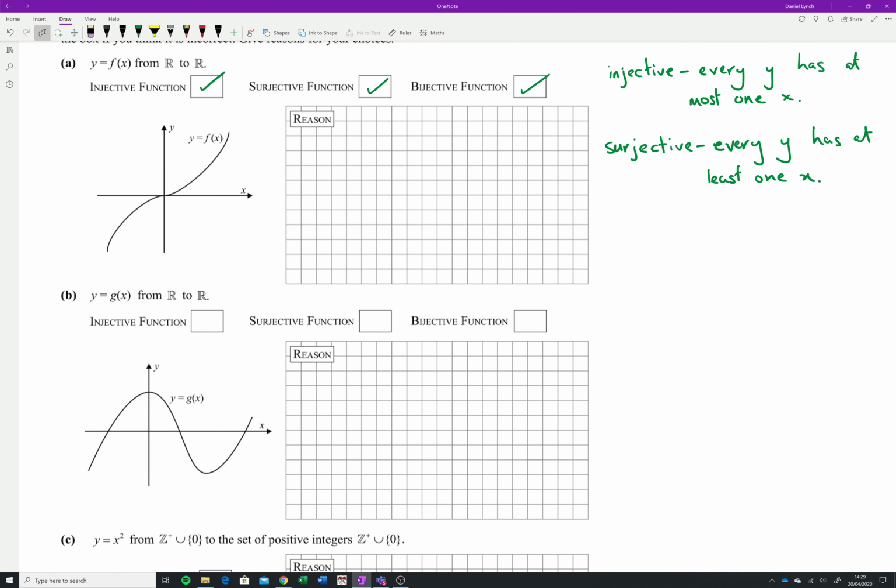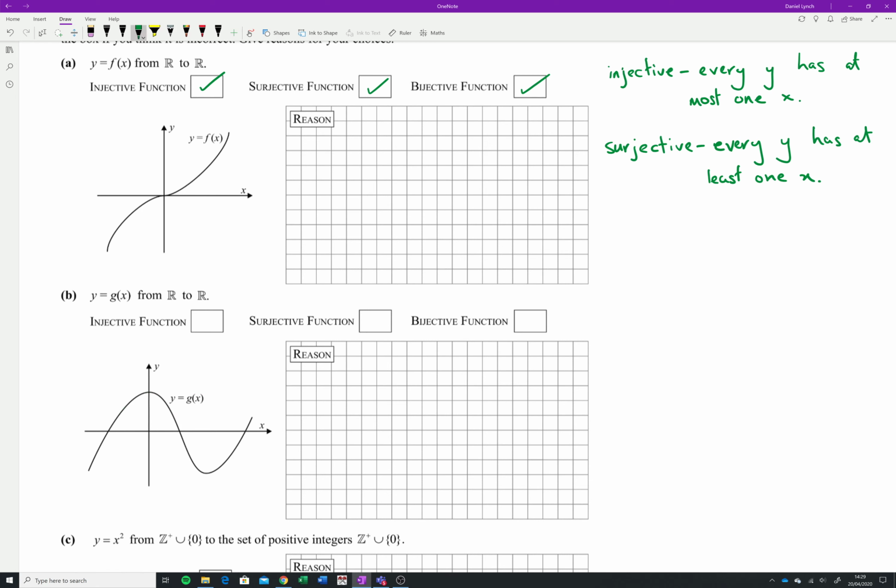Every y value has at most one x. Well, for instance, if you were to draw this y value, that's really appalling, but if you were to look along that horizontal line, it does only hit once. But there are other places where that horizontal line hits once, twice, and in fact it'll be 3 times. That's what makes it a cubic, really.